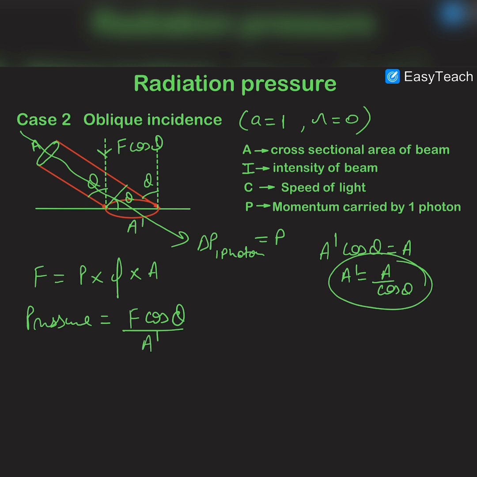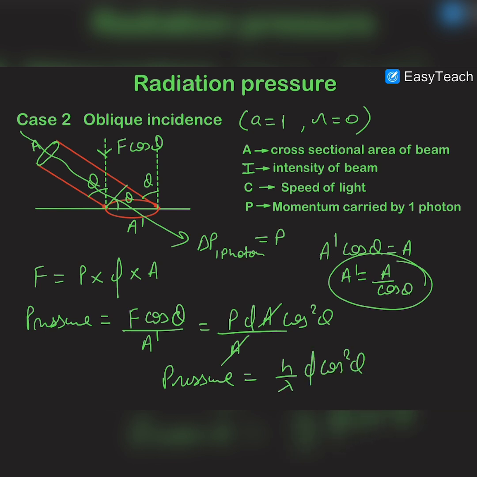Okay, so F cos theta upon A dash is the radiation pressure, and F is P phi A, upon A dash, which is A by cos theta, so it would be cos square theta, cancelling this A with A. So pressure will be equal to this momentum, h by lambda, phi cos square theta. Again, it can be written as I by C into cos square theta, because we would multiply and divide with C, and hc by lambda into phi is I, and this would be the radiation pressure in this case.